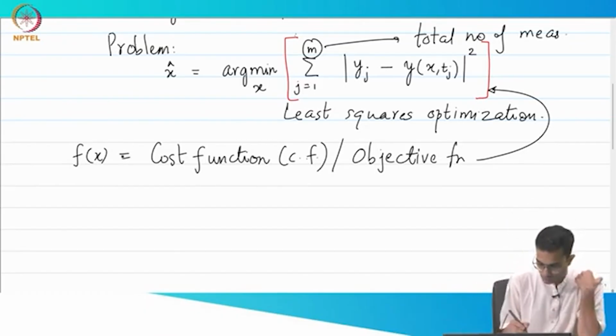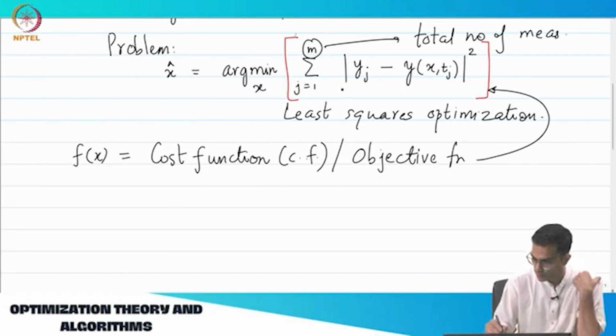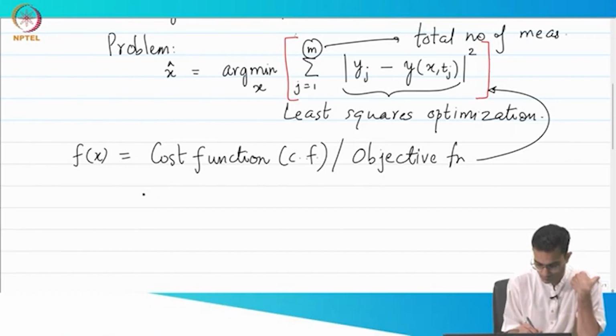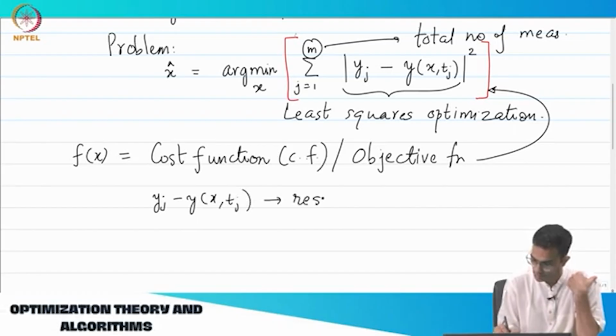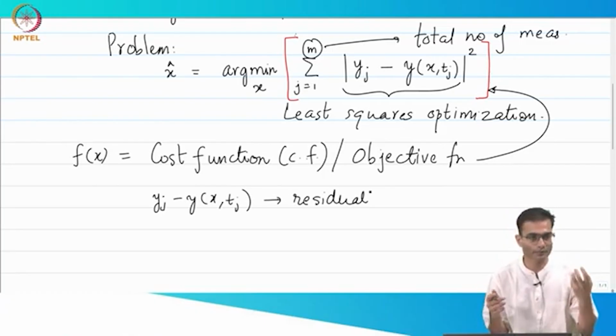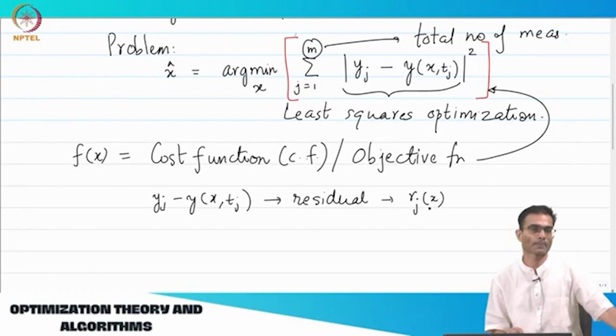The common way of writing this expression is this one term over here is called a residual. So let us say yj minus y of x comma j. I am going to call this a residual. Why residual? Because that's the residue left when I match my data with my prediction. The common notation is rj of x.